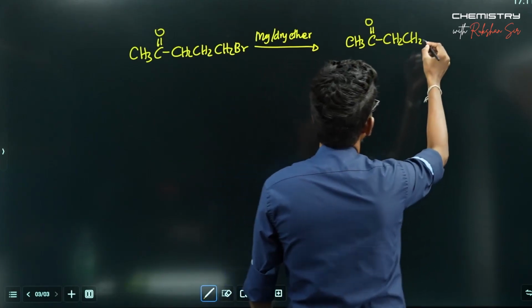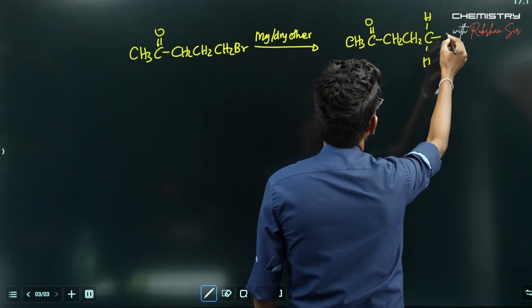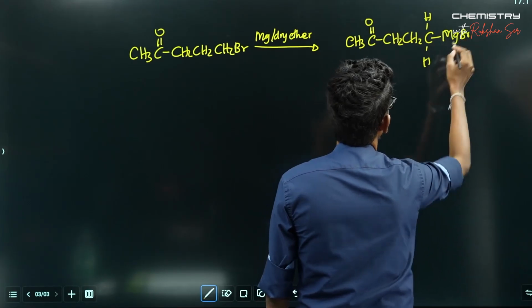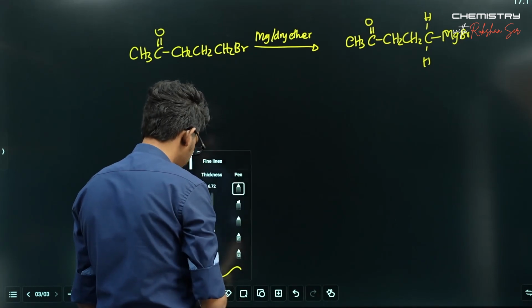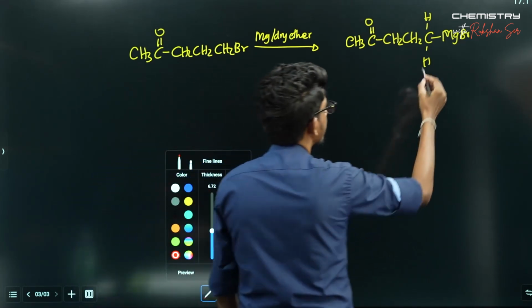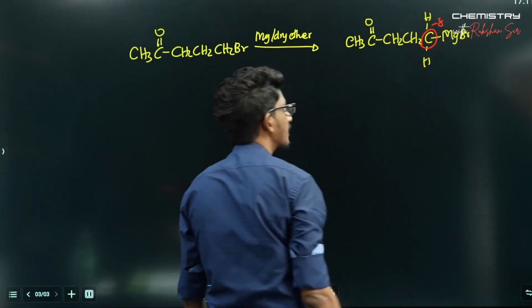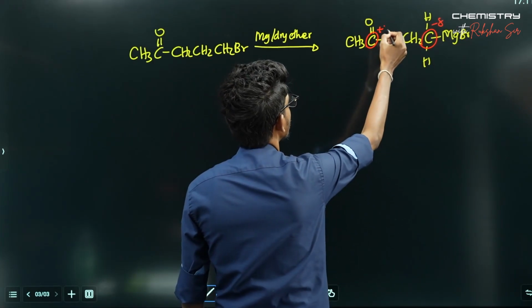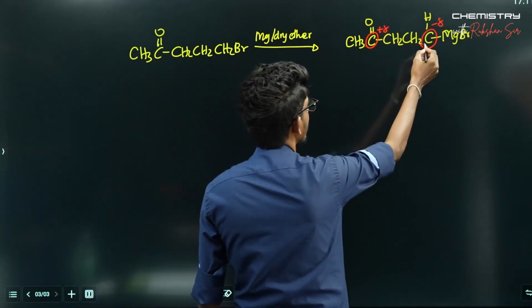The MgBr section comes to here. As soon as this is produced, what will happen? As this carbon is delta negative, as the electrons are coming towards that carbon, and this other carbon is delta positive, this thing will attack this one.